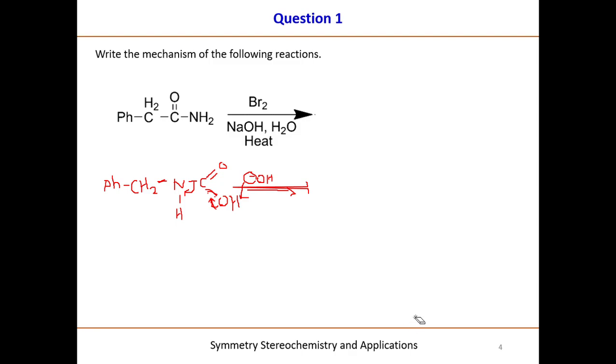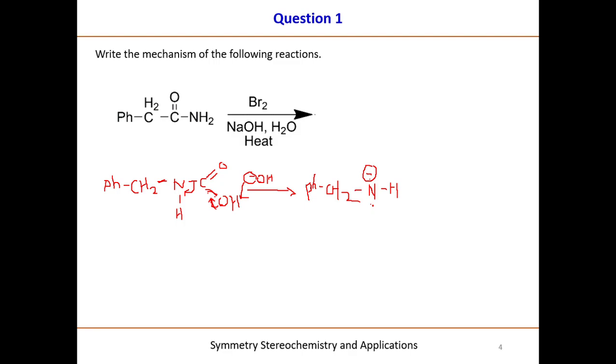Okay. So here we have PhCH2 N H, negatively charged.